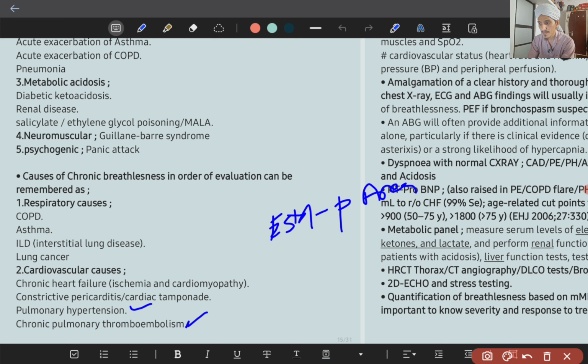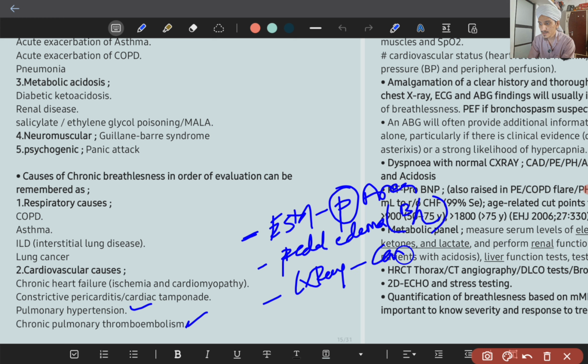If the patient progresses and there is right ventricular hypertrophy, then the patient can also have bilateral pedal edema. And on chest X-ray, you can have cardiomegaly because of right ventricular hypertrophy.